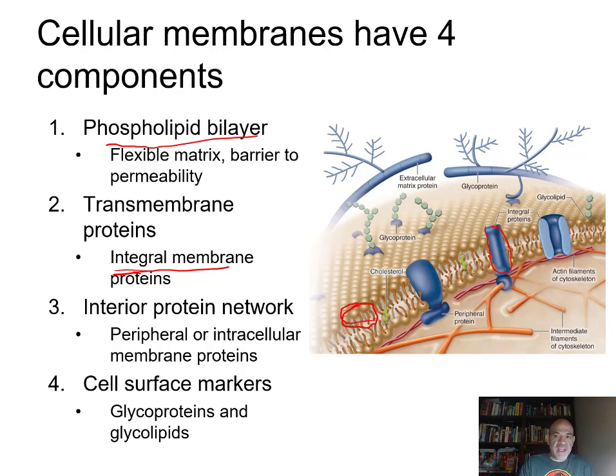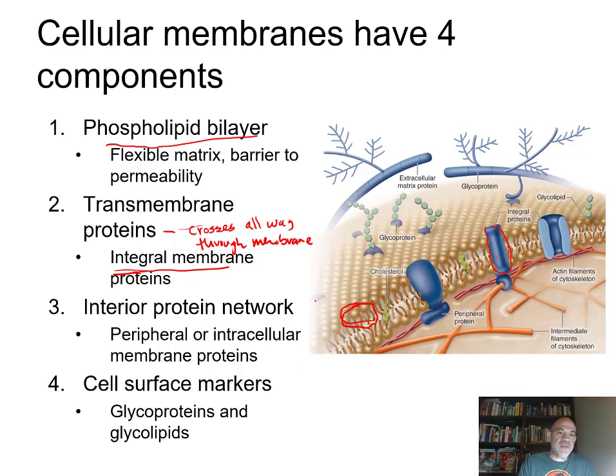So both are integral because they go into the membrane to some extent, but a transmembrane goes all the way through. Okay. So we might say crosses all the way through. So all transmembrane proteins are integral proteins, but not all integral proteins are transmembrane.